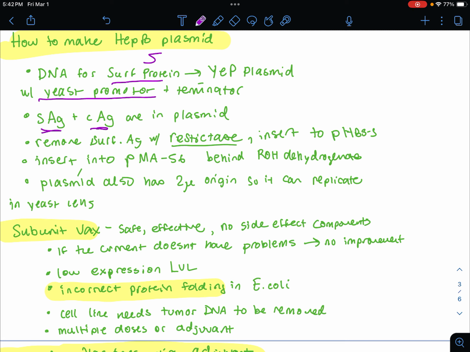The SAG is removed by restriction enzymes, and then you're going to insert it into pHBS, which is another plasmid. Let me try to find that. Okay, I found that.